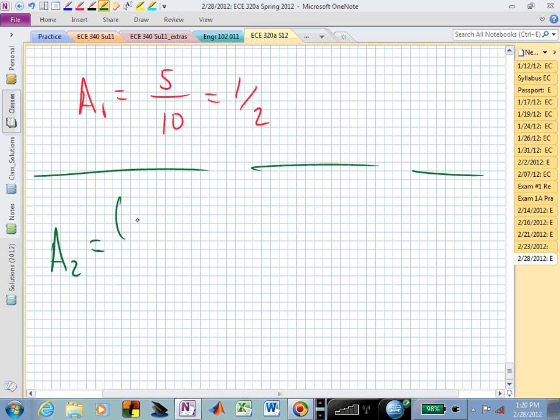What about a sub 2? The numerator is going to be the same in terms of its structure. What's the denominator look like? I have not eliminated the s plus 1 factor because now I'm multiplying through by which factor? The factor associated with a sub 2.